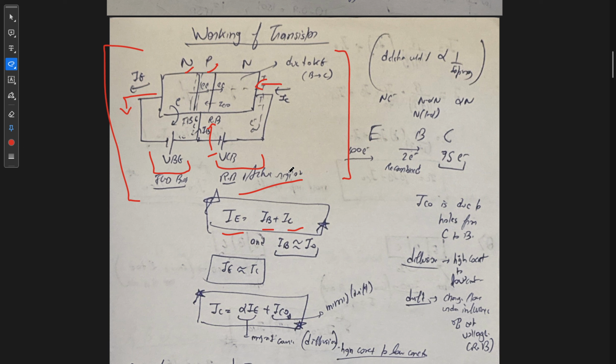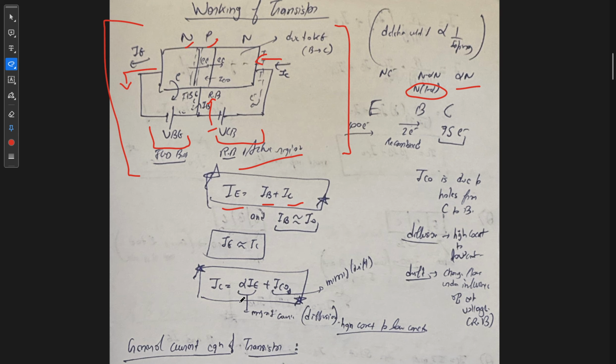For example, if n electrons are transferred from the emitter region, then only alpha n electrons will move to the collector region. So n minus n into (1 minus alpha) will be the recombined electrons. So alpha is the ratio of the electrons that move to the collector from the emitter.